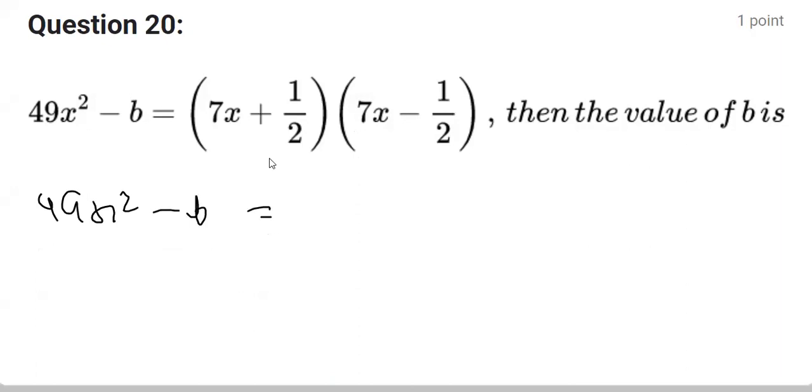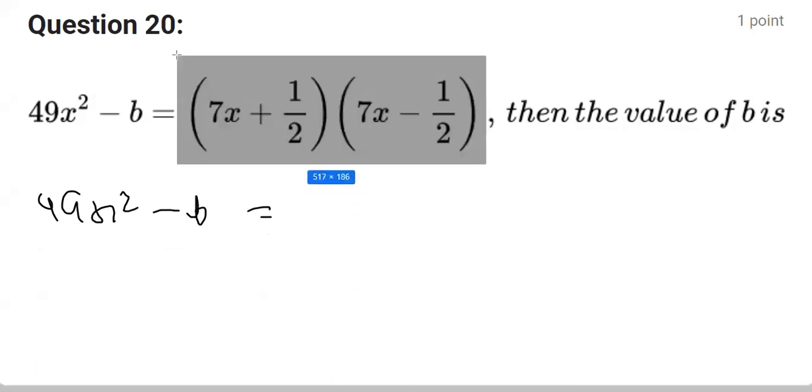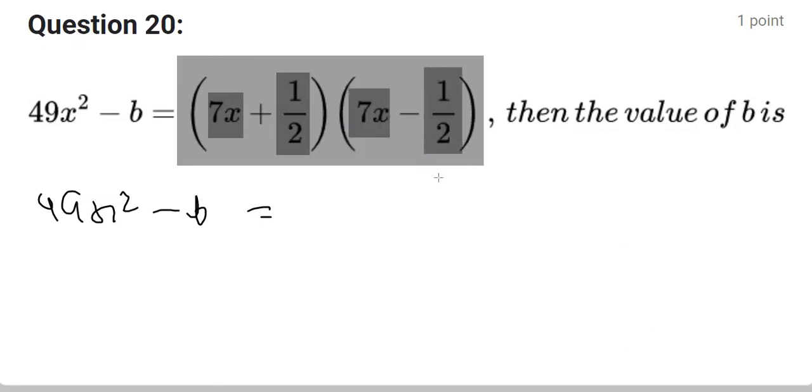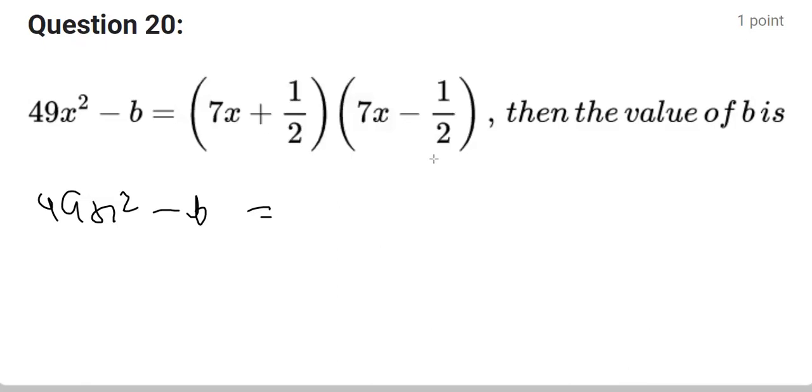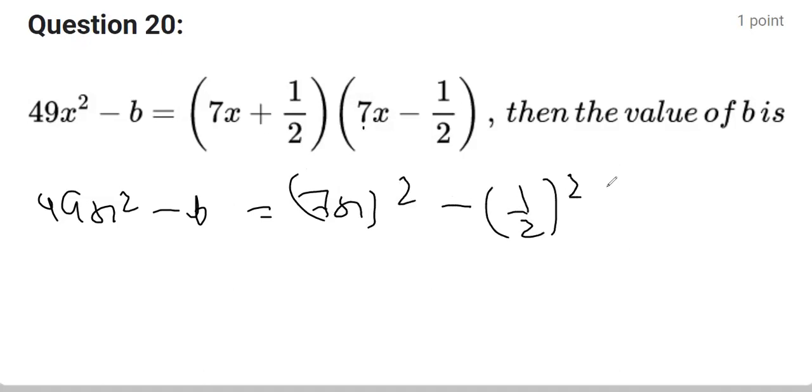And we can see that on the right hand side, we actually have an identity. The expression is in the form of a plus b, a minus b. Considering this to be a and this to be b, it's a plus b into a minus b, which can be written as a square minus b square. So I'm writing a, which is 7 here, a square minus b, which is 2 and not minus 2.